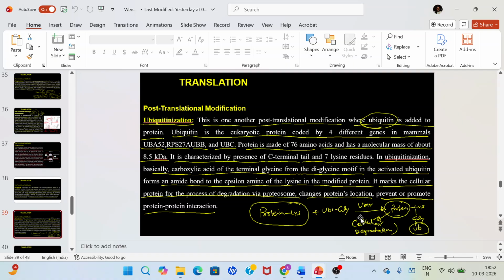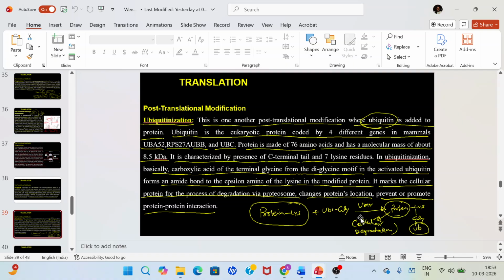Next is the ubiquitination. So ubiquitination is one another post-translation modification where ubiquitin is added to protein. Ubiquitin is a eukaryotic protein coded by 4 different genes in mammals. These are the names of the genes. When we understand the process of ubiquitin, then we'll come to know that there are different types of ubiquitination that are happening in a cell.